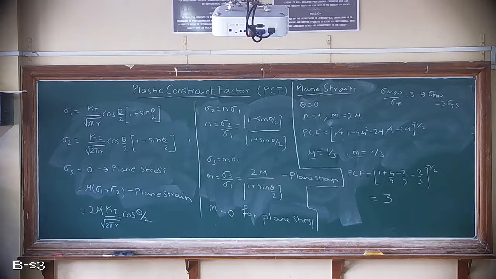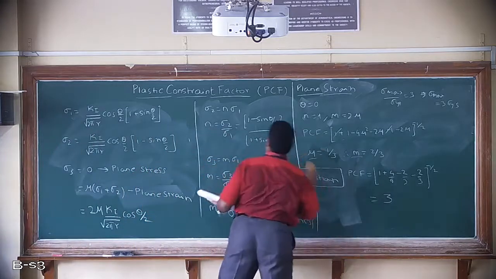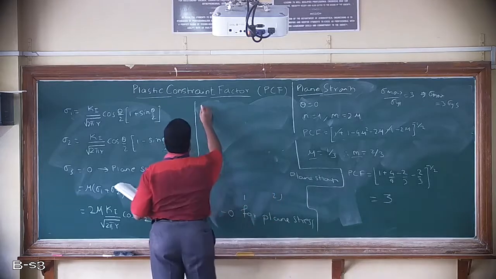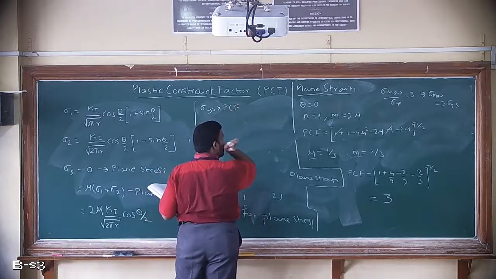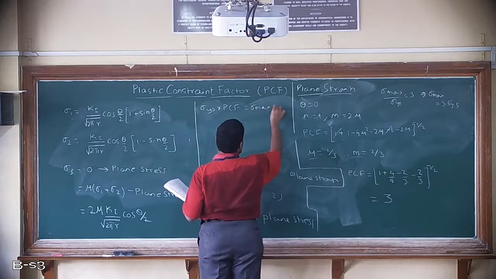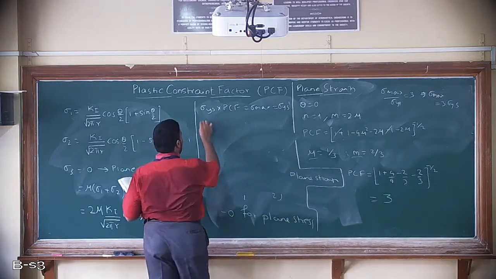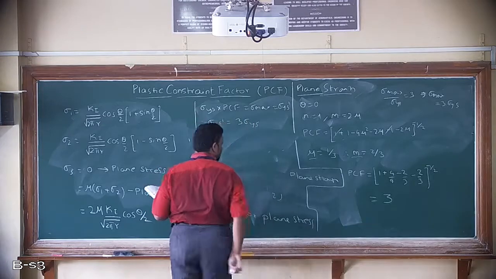So here we get that condition: sigma ys into PCF is nothing but sigma max, and this is called the effective yield stress sigma ys dash. Therefore sigma ys dash will be equal to 3 times sigma ys.